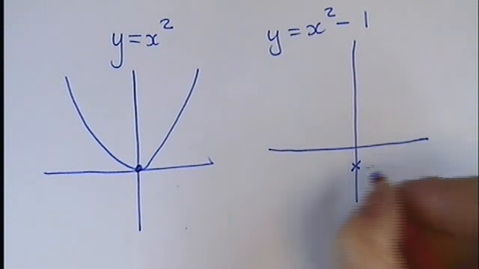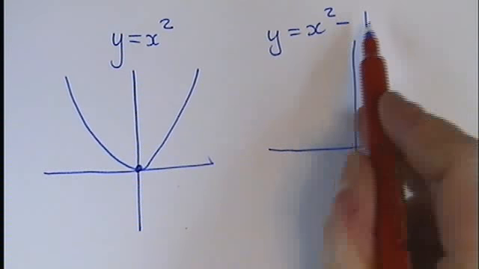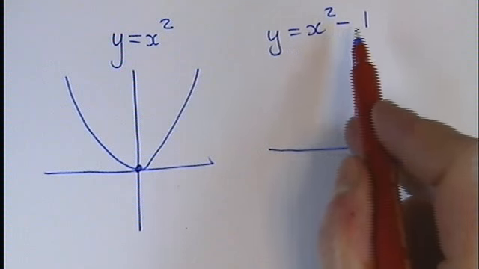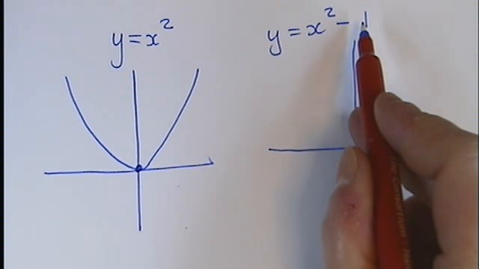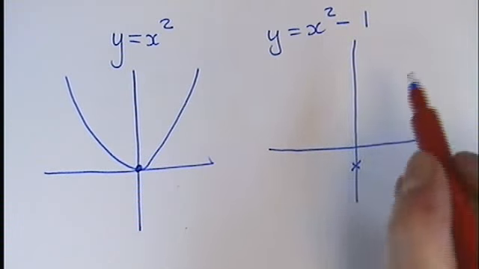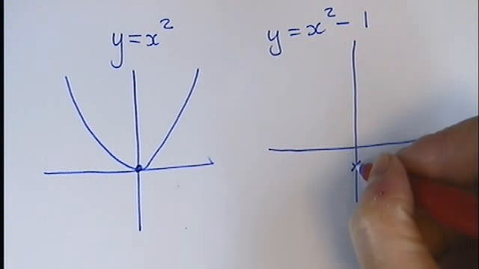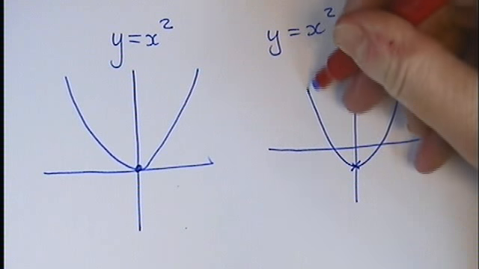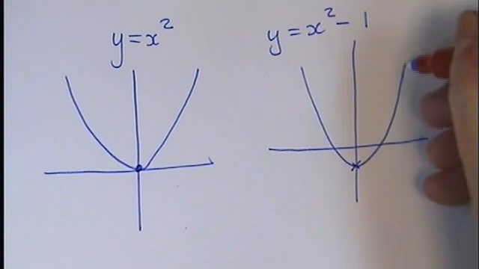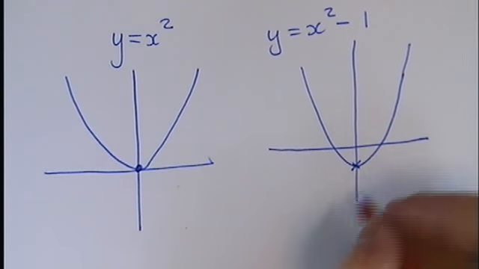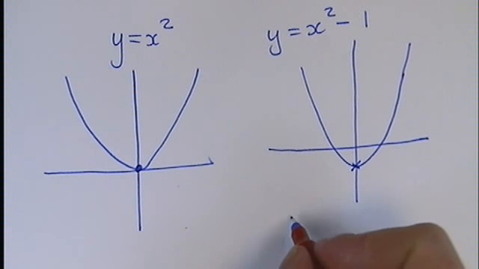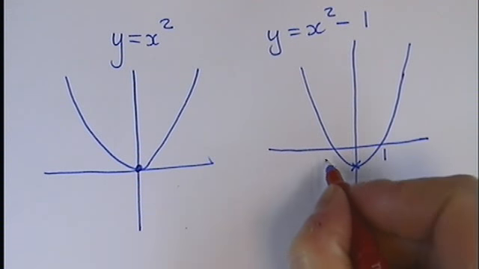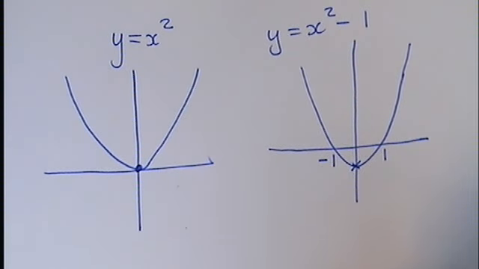This time, for the y-intercept, because x is 0, the x squared bit will disappear. So the y-intercept is minus 1. So my curve comes up, nice and symmetrical, and it's shifted down. So now my graph intersects the x-axis at 1 and negative 1.